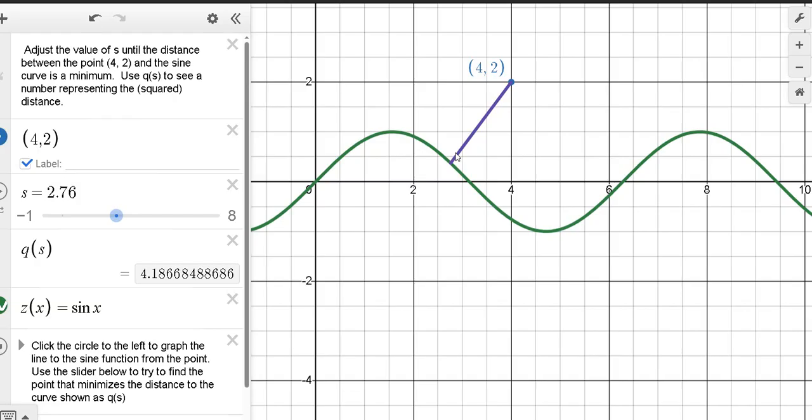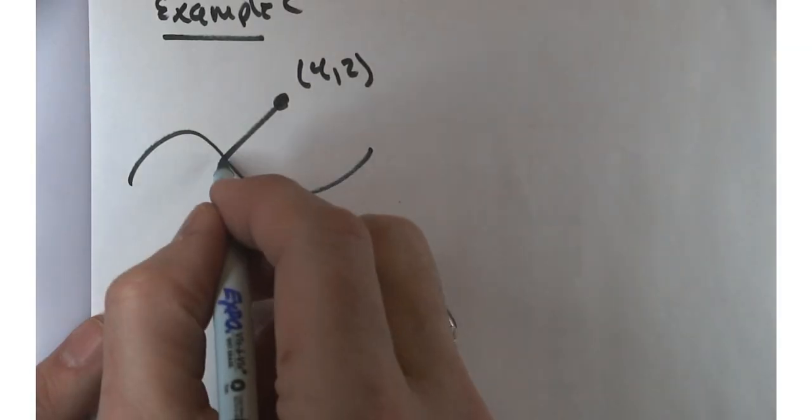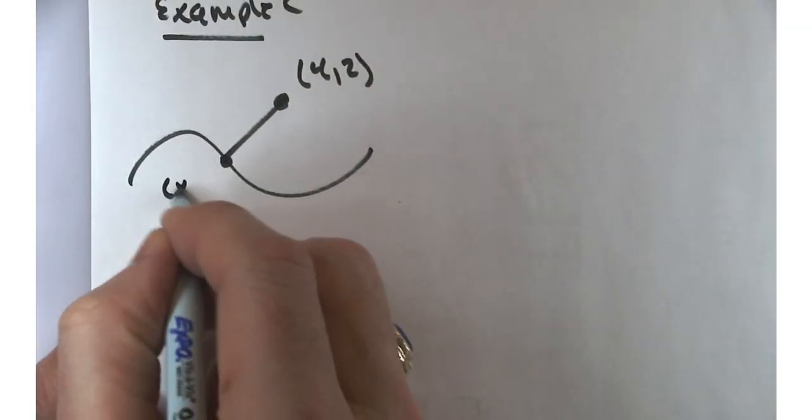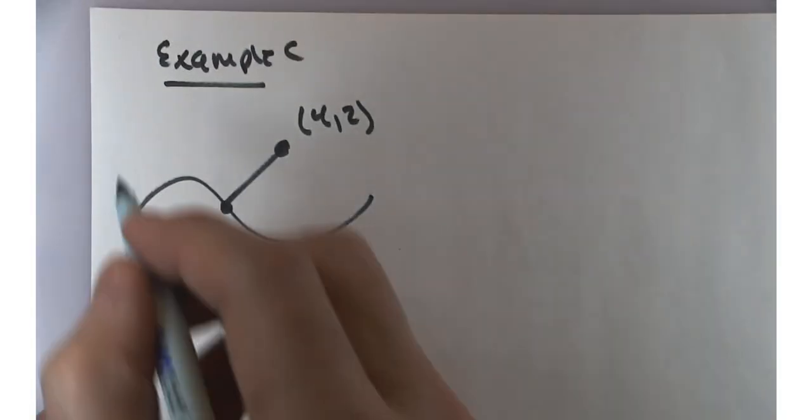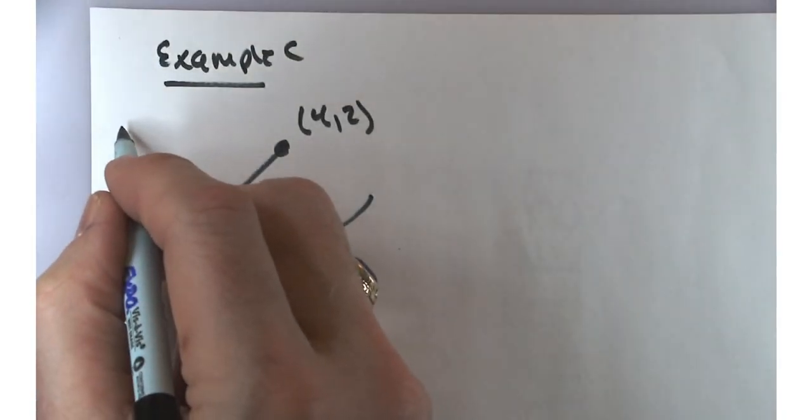I'm just going to draw a little bit of the picture. So that much. And I'm going to add a little bit to this. Let's call this x and y. There's our picture.